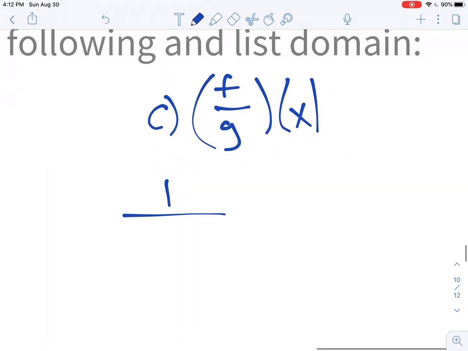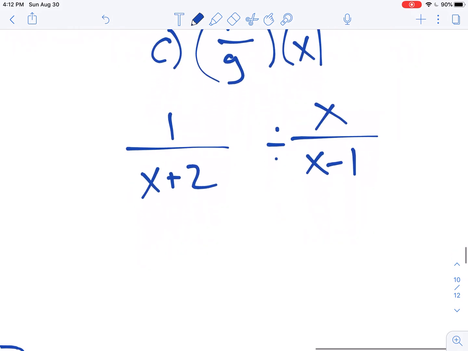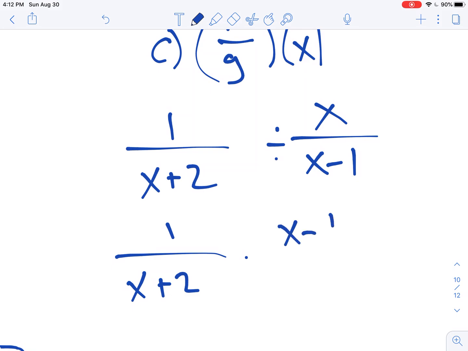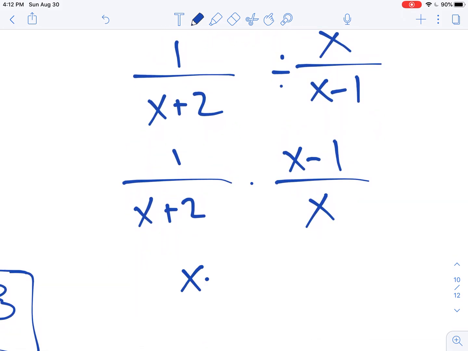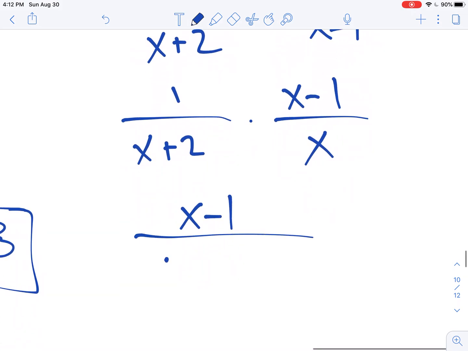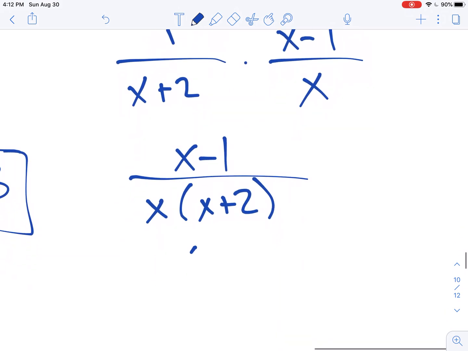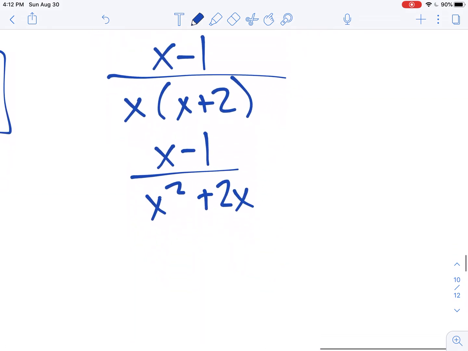So here I've got 1 over x plus 2 divided by x over x minus 1. I've got 1 over x plus 2 times x minus 1 over x. I'm multiplying by the reciprocal. I get x minus 1 over x times x plus 2. So I would have x minus 1 over x squared plus 2x. That would be my final function.